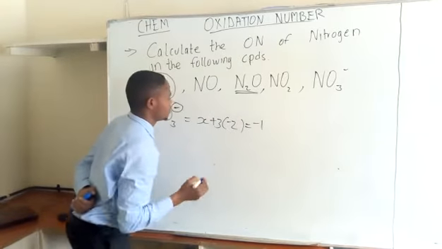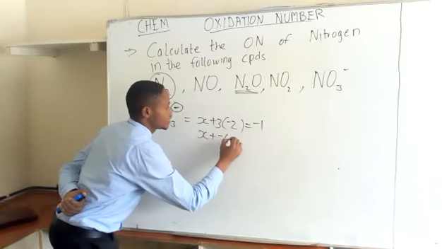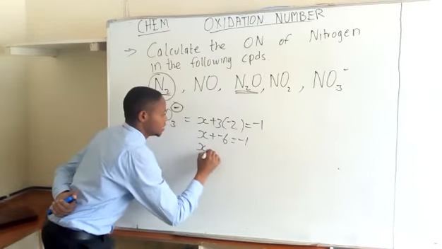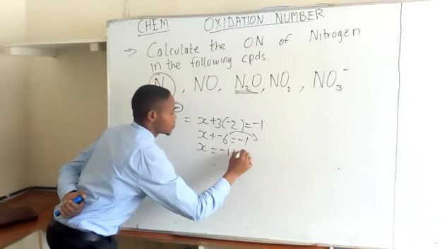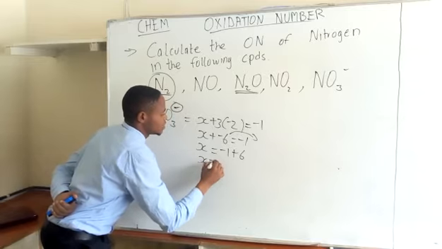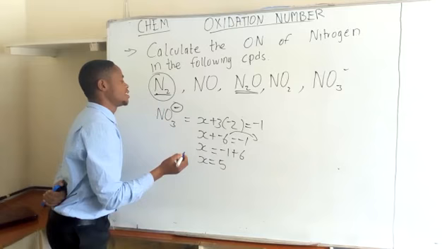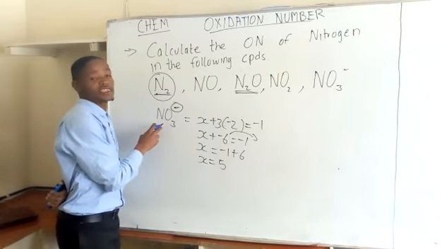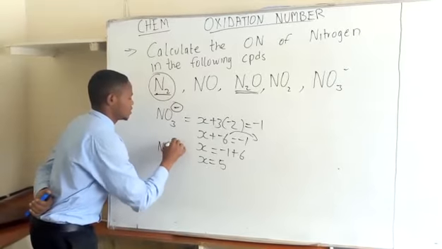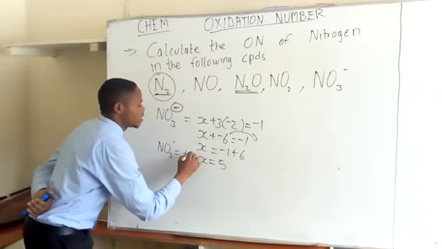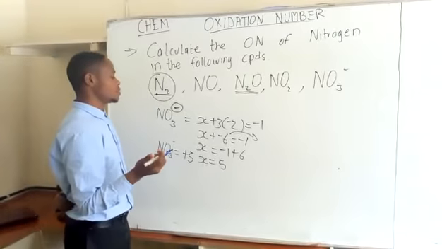So X plus -6 is equal to -1. The -6 goes to the other side, we have -1 plus 6, and X is equal to 5. So the oxidation number of nitrogen in this compound is +5.